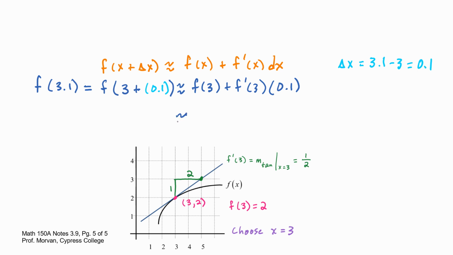So this is approximately equal to f of 3, which we know is 2, plus f prime of 3, which remember is the slope of the tangent line, which is 1/2, times dx, which is 0.1.